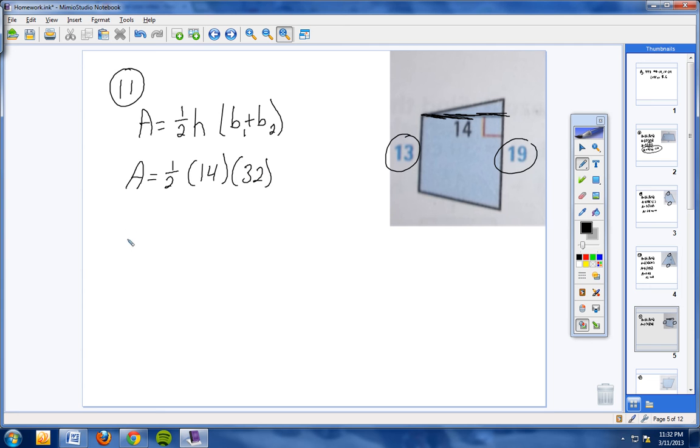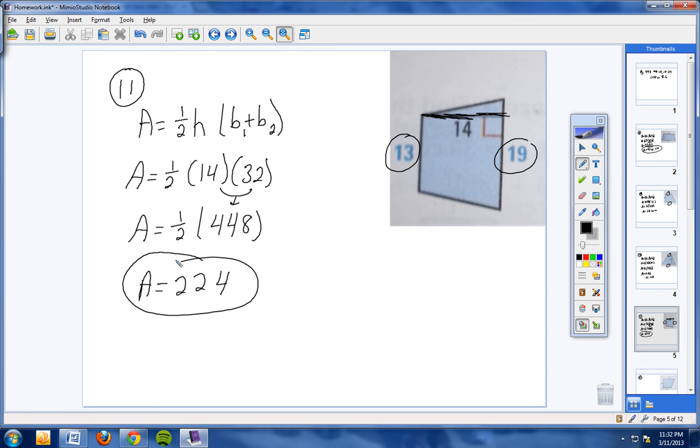I'm going to save my fraction for last. So I'm going to multiply 14 times 32. And if you do that correctly, you will come up with 448. And then 1/2 times 448 would give you 224 square units. I'm not going to write square units this time, but it is square units.